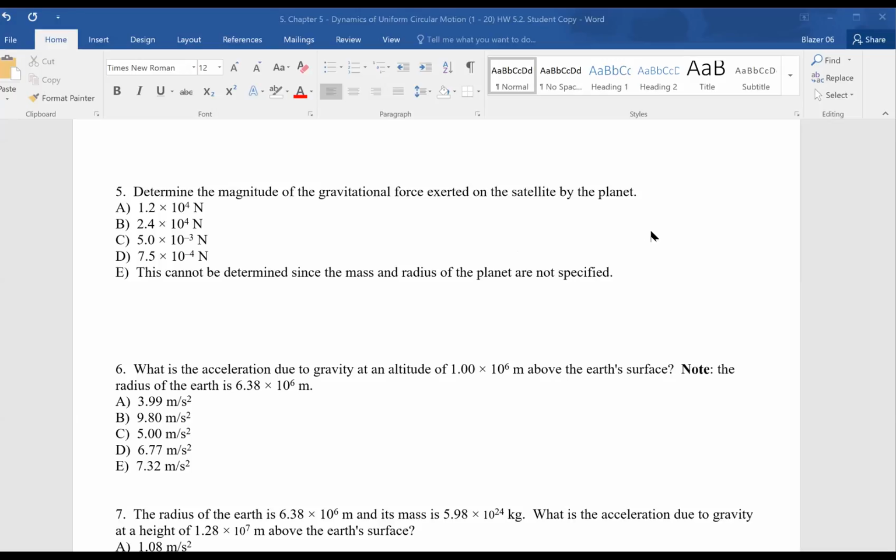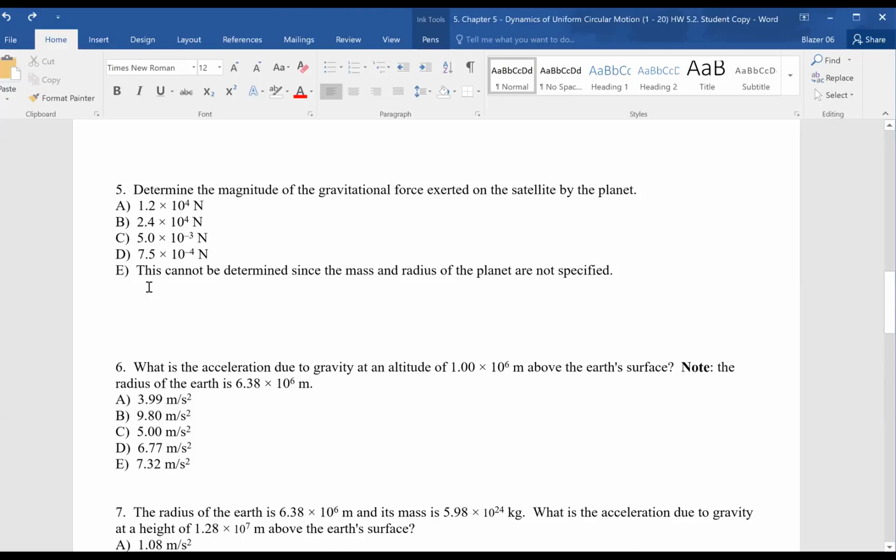Remember that the gravitational force, hold on. Gravitational force F sub G is big G, that's the universal gravitational constant. We know what that is. Then we have to have the mass of the planet and then the mass of the satellite divided by the radius of the satellite, or the distance squared.